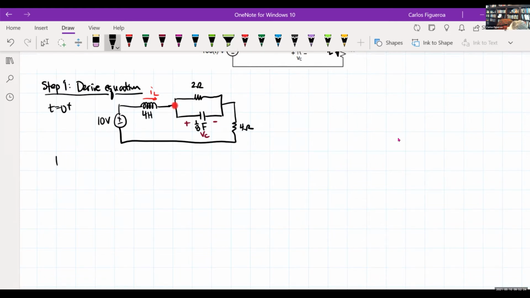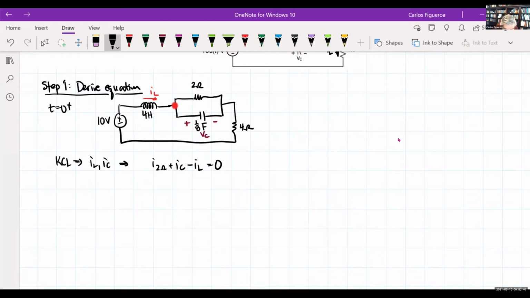KCL tells me that the current of the 2 ohm resistor plus the current of the cap minus the current of the inductor has to be equal to 0.